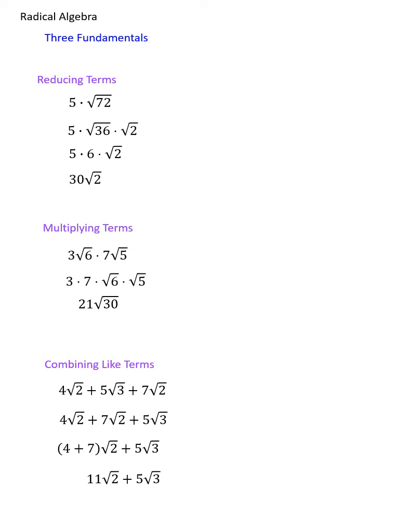Now, none of these are necessarily problems that you would encounter on your own in an algebra course, although you might in the easy cases. But each one of these three fundamental processes is going to be the basis for some more complicated examples that we're going to see in the remaining part of this video.